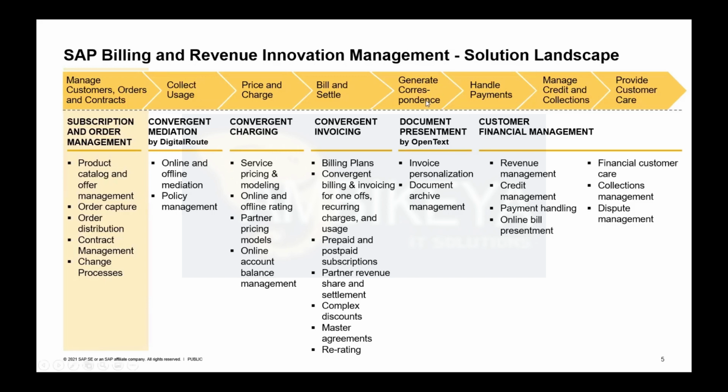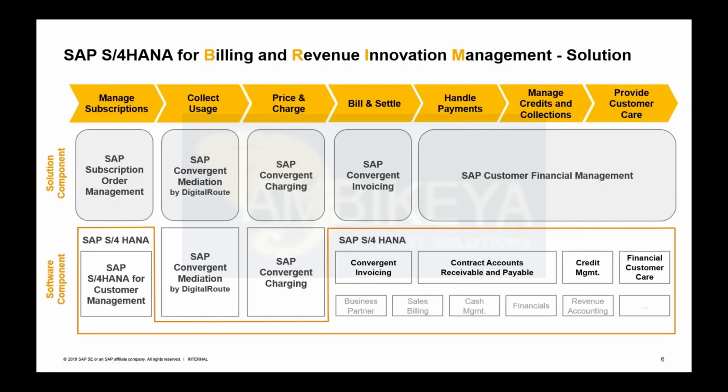We have the correspondence management by OpenText, and we have in the end the possibility to do the open item management. The open items are stored in financial contract accounting, and we have then the incoming payment handling, dispute management, and collections.